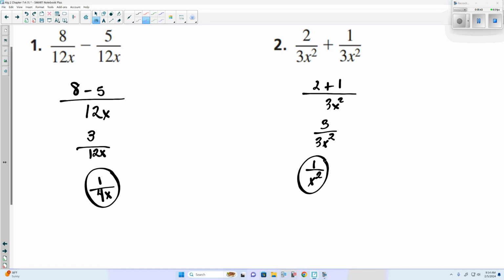Because when the denominators are the same, we can add or subtract the numerators. Questions on these two here? Are we ready for the next two? Yes?